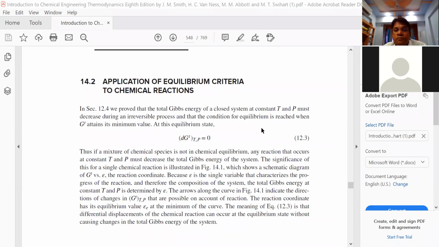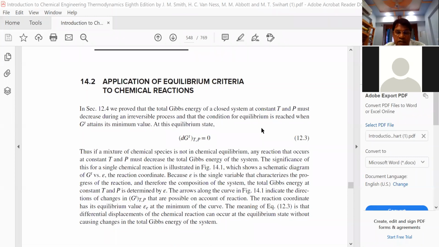Then Gibbs energy of product and Gibbs energy of reactant can be calculated from standard Gibbs energy of formation. Okay, that we will discuss later. There is an example also.